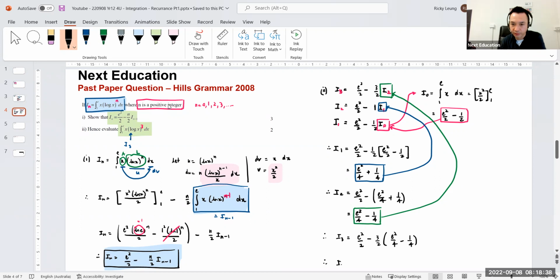Therefore, I3 equals, what's that, e squared, 3 on 8. What's a half minus 3 on 8? 1/8. Yep, e squared on 8, and minus this guy times this guy, so plus 3 on 8. Yeah, guys, that's my answer.